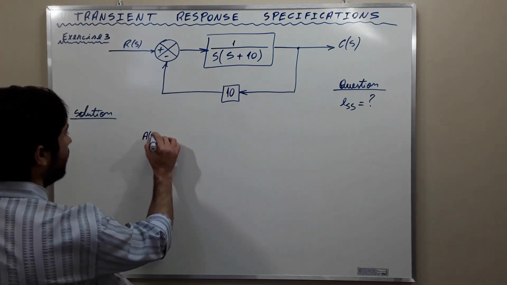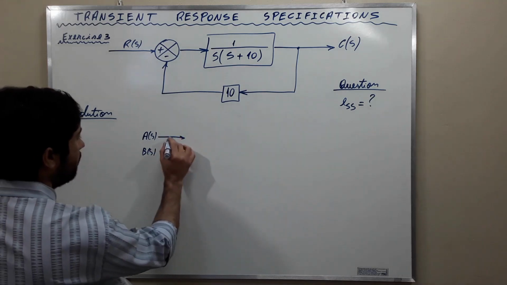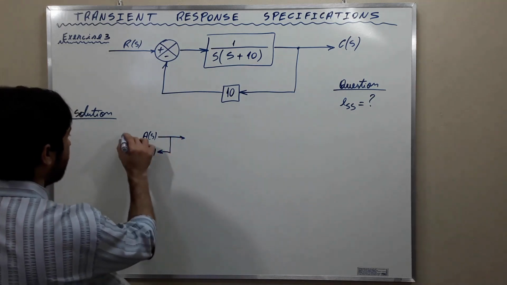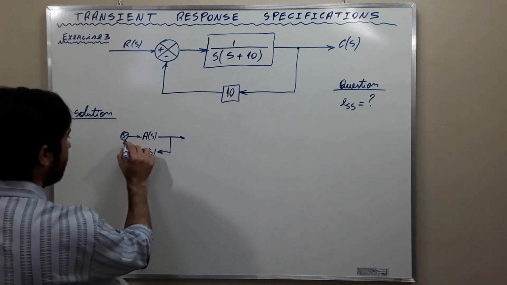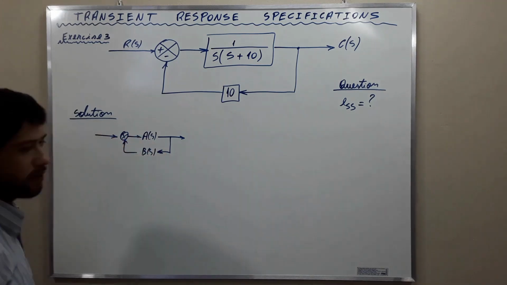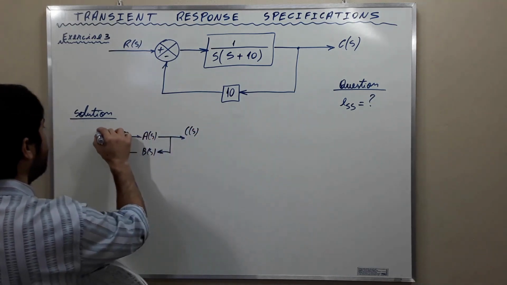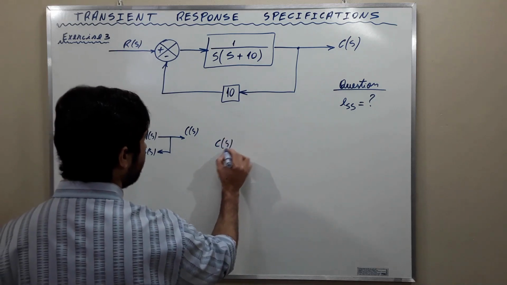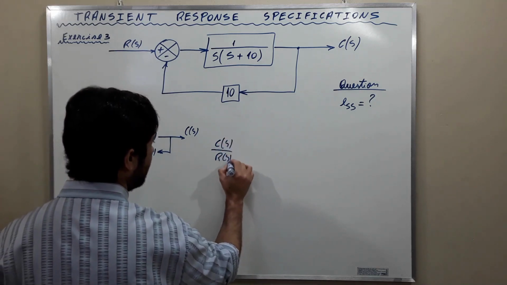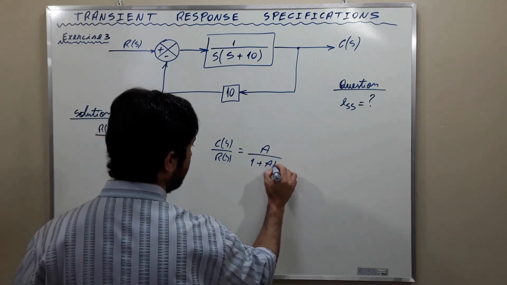If we have A of S here and B of S here in a feedback loop, the transfer function C of S over R of S will be A over 1 plus AB.